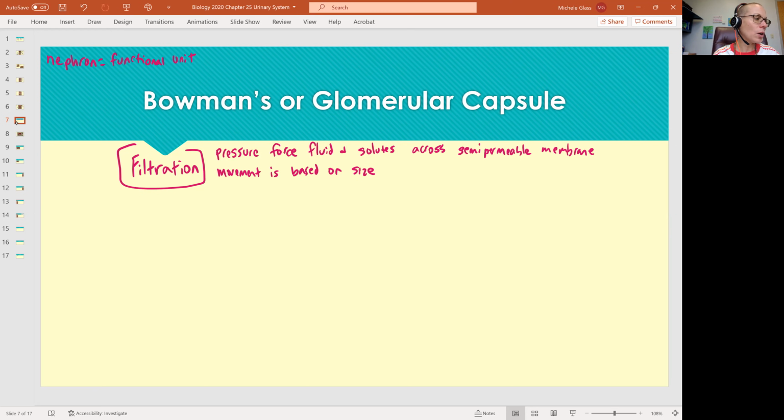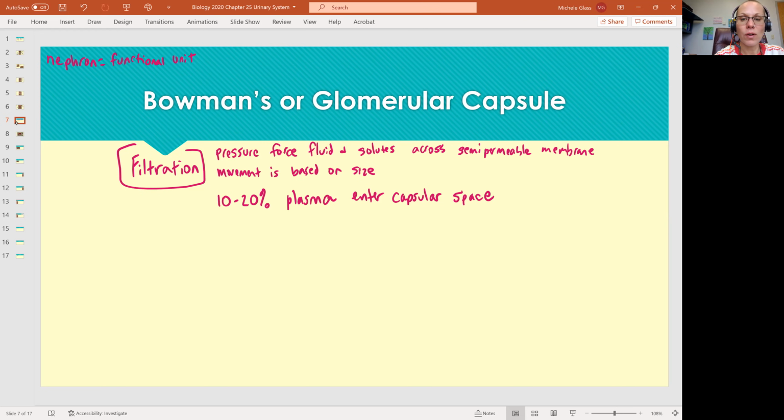When we're talking here about filtration, we're going to see that blood will move through the capsule and we'll see 10 to 20% of the plasma will enter what's going to be called the capsular space. So we'll look at a model here in just a few minutes to help us visualize what's going on here. And when we're talking about material moving, we're going to see, again, it's indiscriminate.